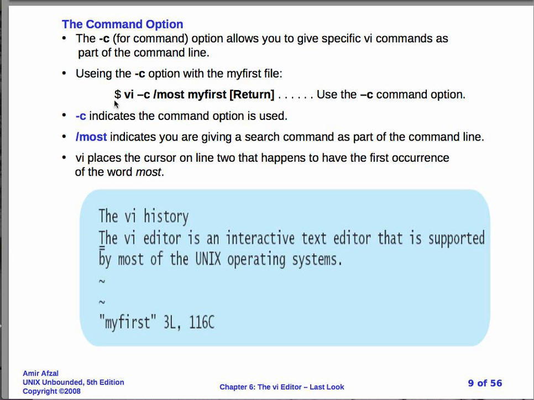The effect of this one command is to start up VI, open this file and execute the forward search for the word most. If you know that there is the word most in this file, it'll open up the file and position you right on the line where you find the first occurrence of whatever you're searching for, in this case the word most.